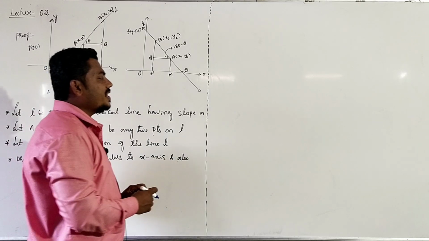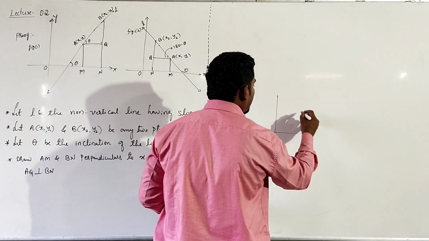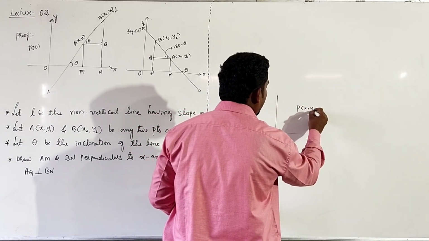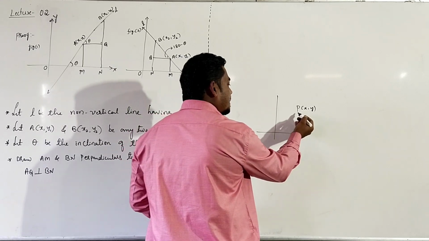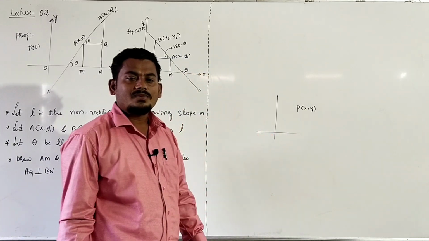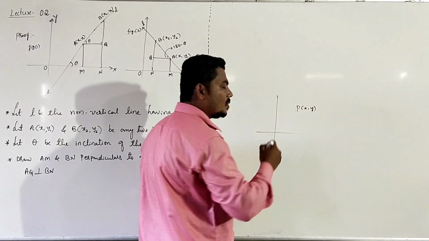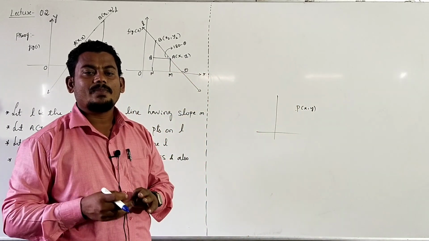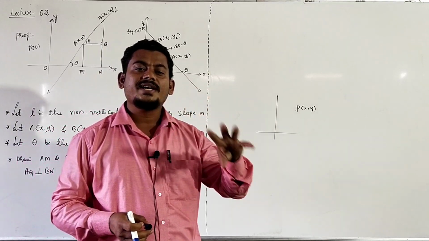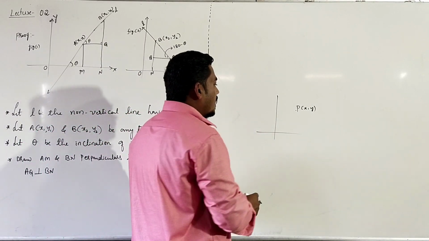If you take any point in a plane, P of x comma y, it represents the distance of the point from the coordinate axes, right? Already we discussed in the bridge course.